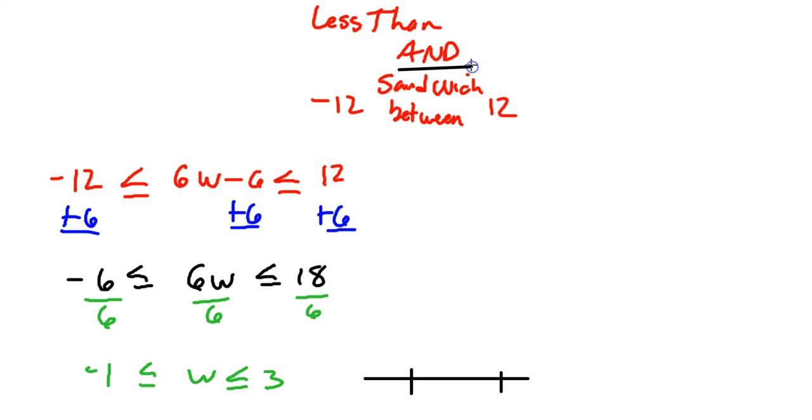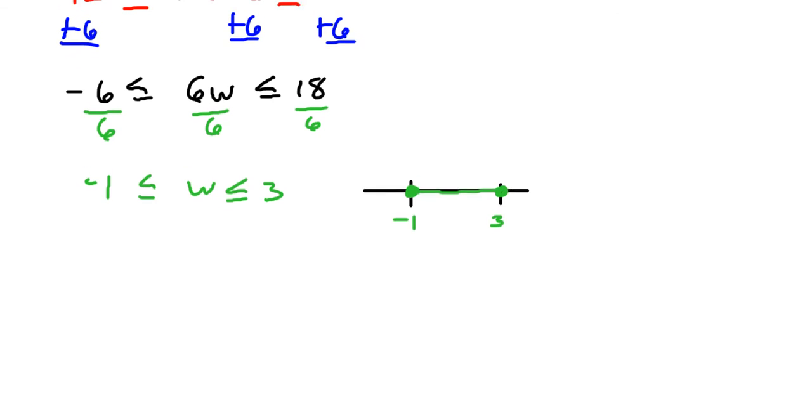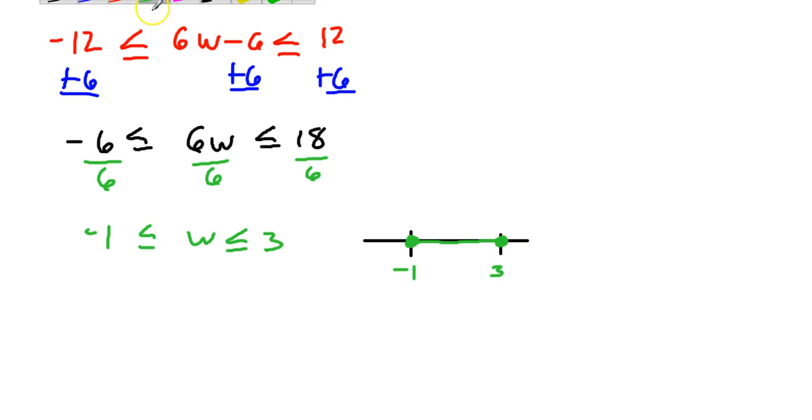Okay, and that was an and statement, so again, should be sandwiched between negative 1 and 3, and this time it was solid circles. And if you need interval notation, this time, because they're solid circles, it would be square brackets instead of parentheses.